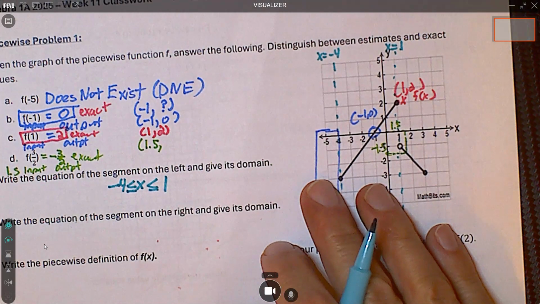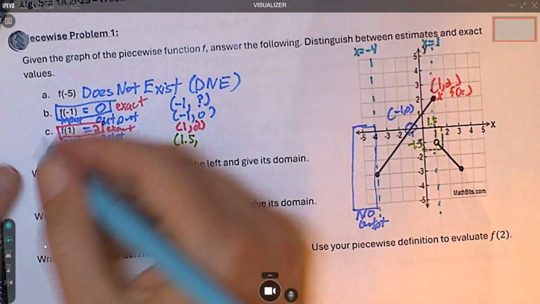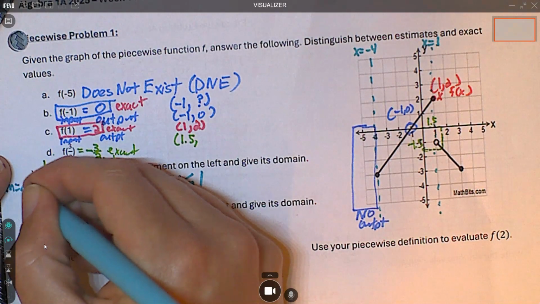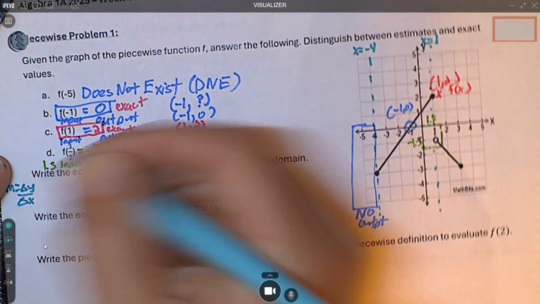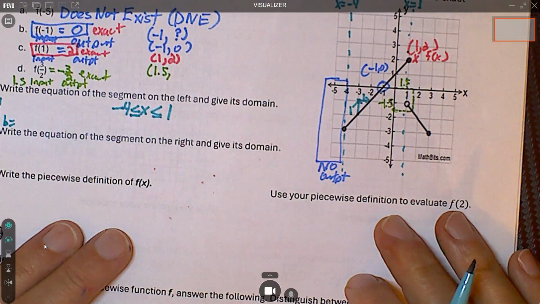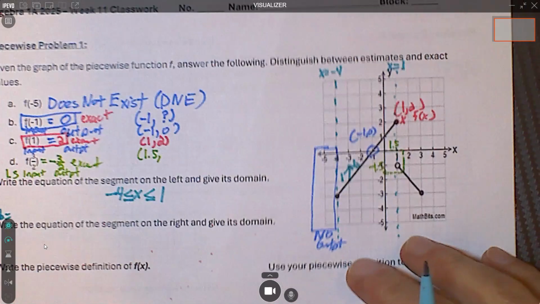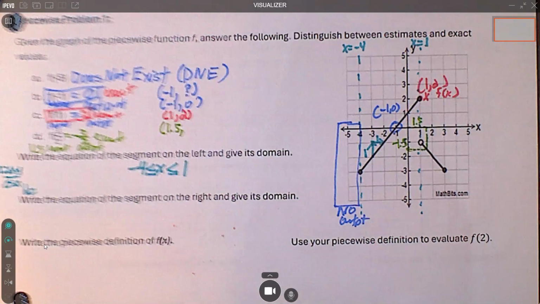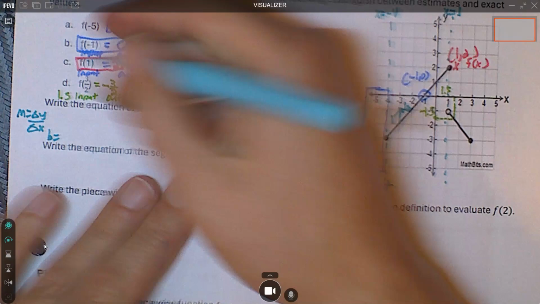Okay. Now we have to find slope. Rise over run, rise over 1, is 1/1.